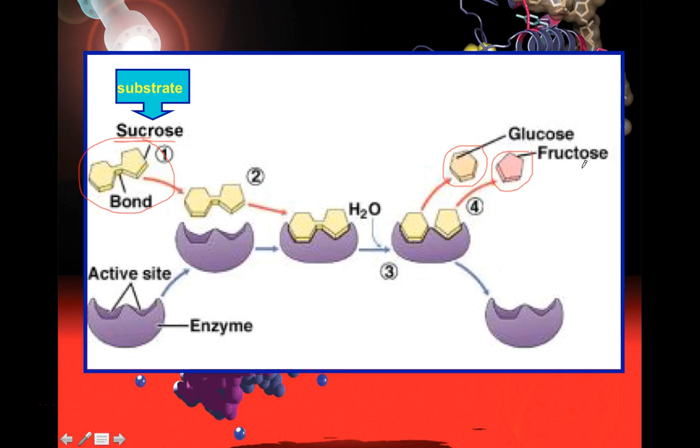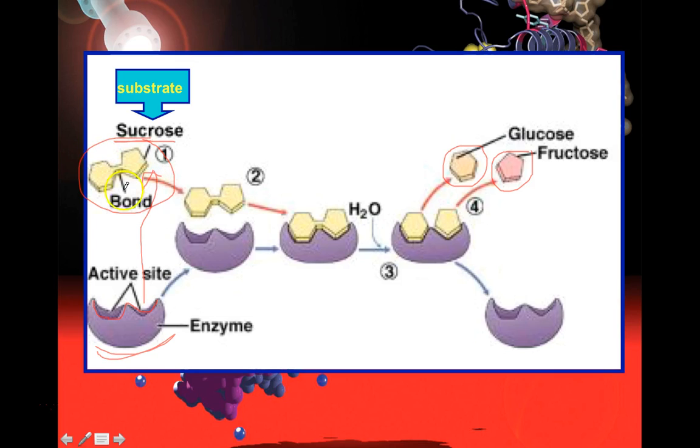So the first step is for the enzyme, which is this purple blobby thing over here, okay? The enzyme needs to bond with the substrate. Notice how our active site, which is right over here, is the perfect shape, lock and key, to bond with our sucrose molecule, which is our substrate.